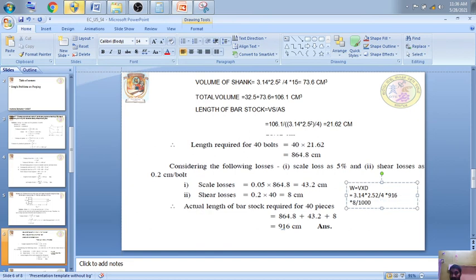That will give you the weight of the 40 bolts.